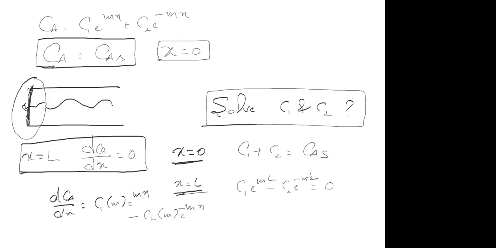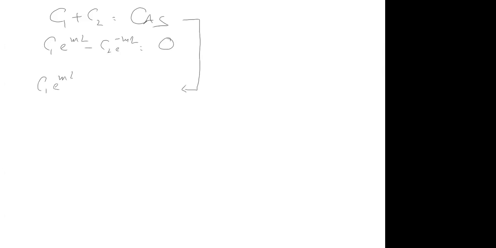Now how do you solve C1 and C2? Just take this equation: C1 into e power minus mL plus C2 into e power minus mL is equal to CAS into e power minus mL. If you sum these two equations, this will cancel.